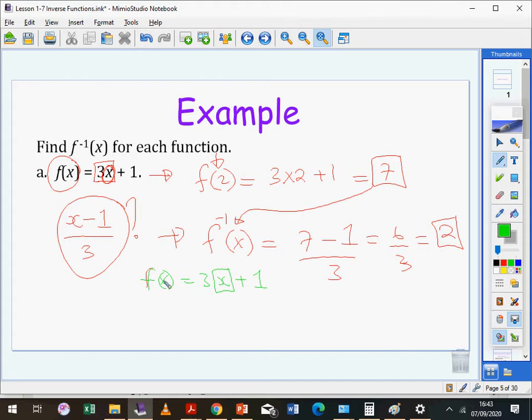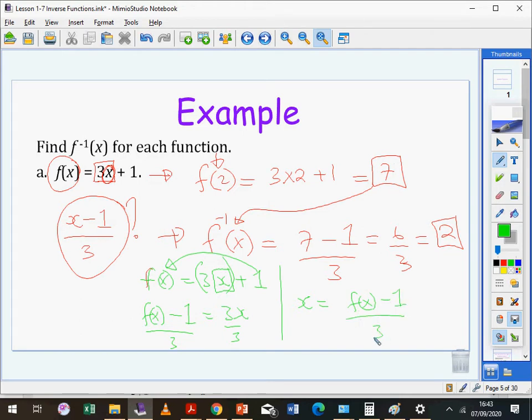Alright, so how do I make x the subject? First, isolate the x. How do I do that? By taking the 1 that side. So I'll just have f of x minus 1 equals 3x. What else do I need to do to make x alone the subject? I need to divide by 3. So I end up with x equals f of x minus 1 divided by 3.